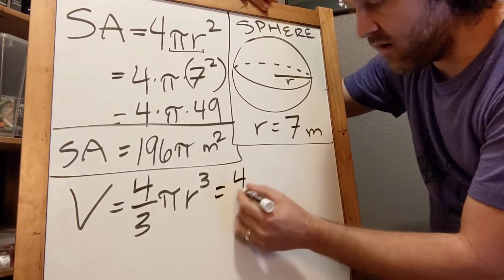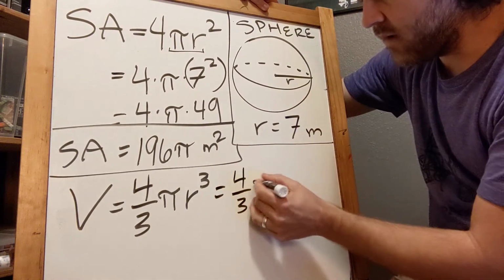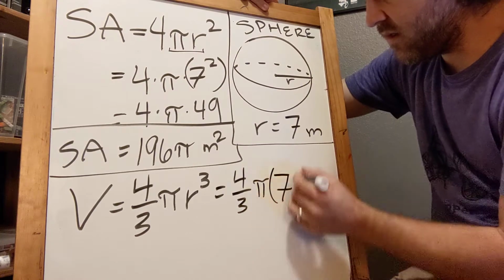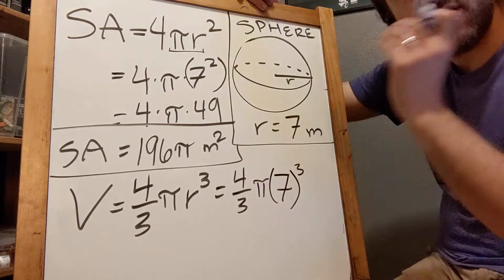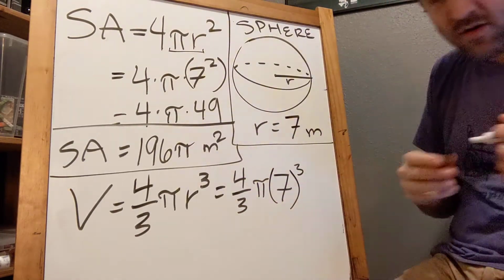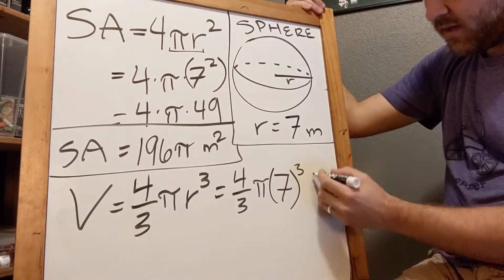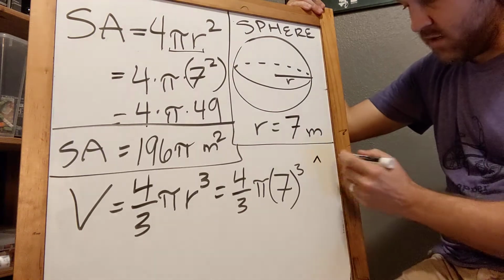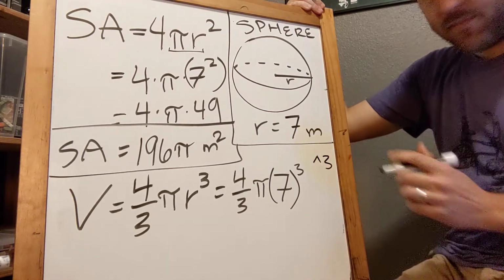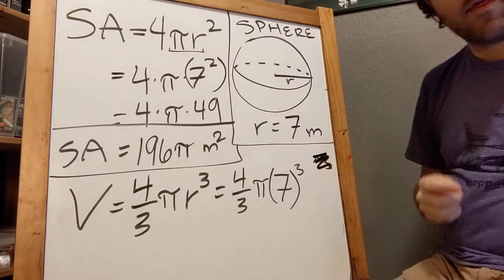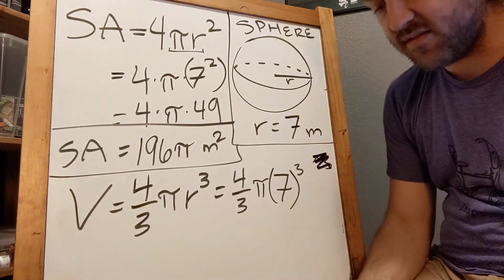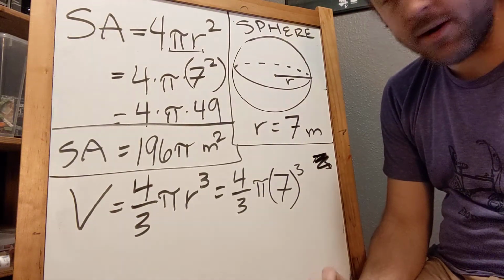So 4/3 pi 7 to the third power means 7 times 7 times 7, or you can just use the button on the calculator that has the little caret like that and do to the third power like that.